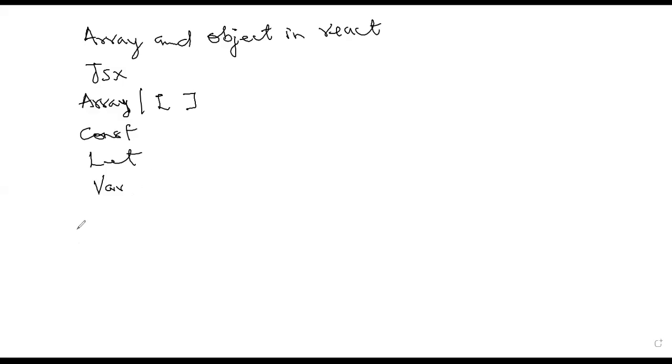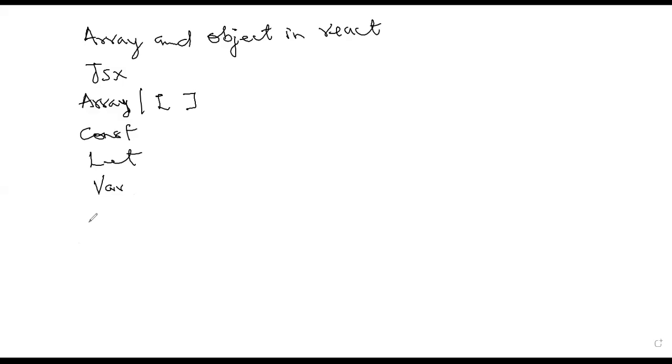Now, like I said earlier on, array is usually assigned to a variable. So let's assign an array to a constant variable. Let's say a variable called fruits.